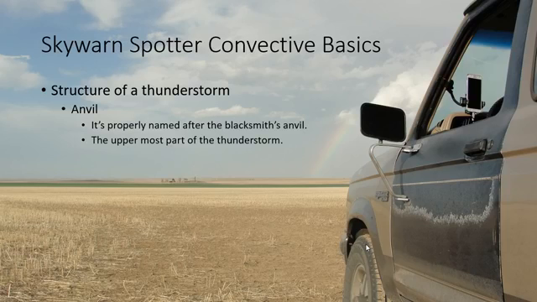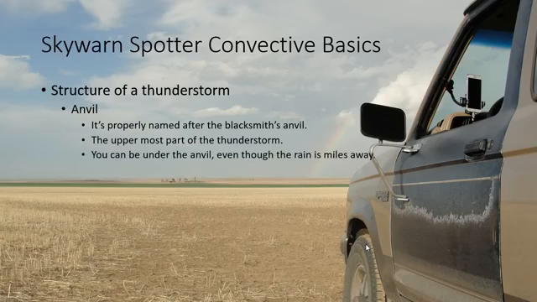But yet there are also what I call toppers, but you'll see them come up over. Okay, that's actually pretty cool. You could be underneath the anvil, even though the rain, hell, precipitation is miles away. But yet it can also be smaller than the rest of the storm itself. It could also show its maturity. If the edges are more crisp, it's still going strong and it's probably getting stronger.